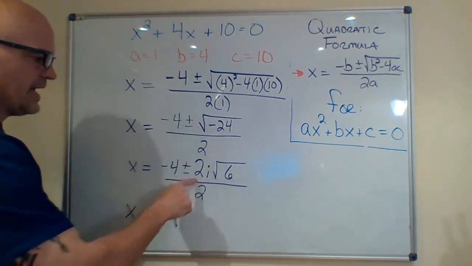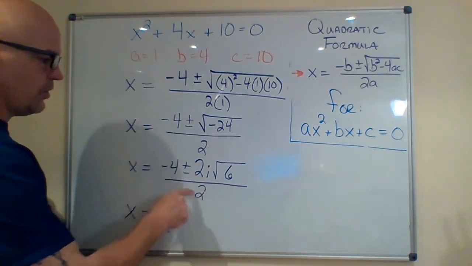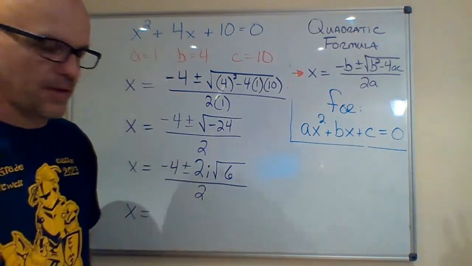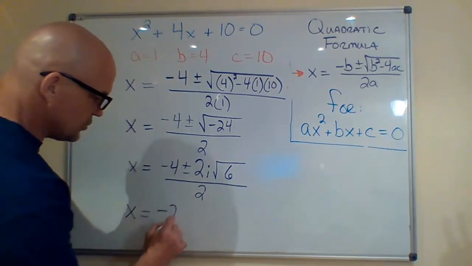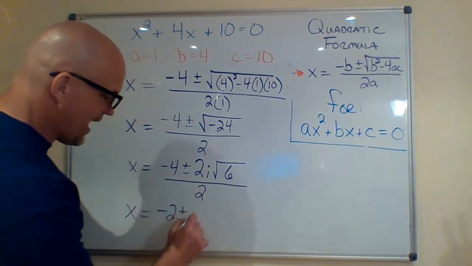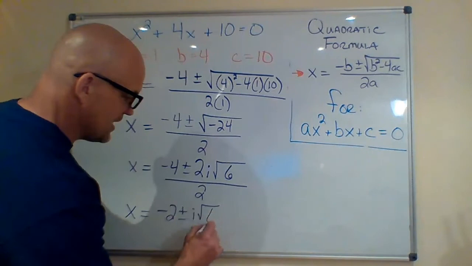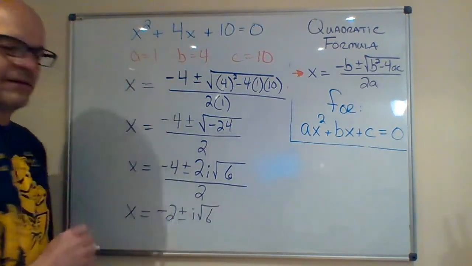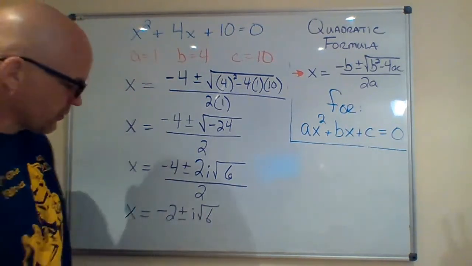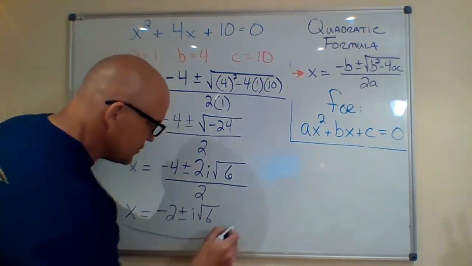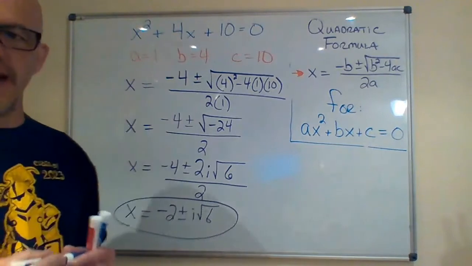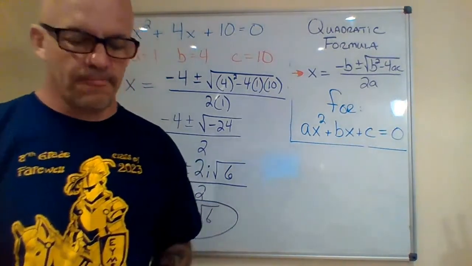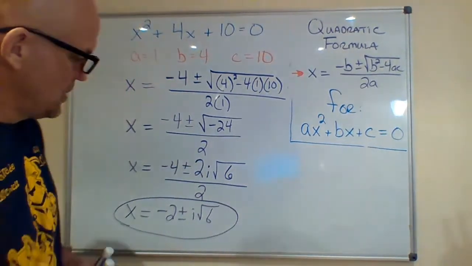If all this stuff is reducible, do it. All 3 have to be. So they're all divisible by 2. So that becomes -2 plus or minus i root 6. Now that would be all over 1, but of course there's no point in putting it all over 1. This has 2 non-real answers, and it is just that. Simple enough? Hoping that's pretty simple.